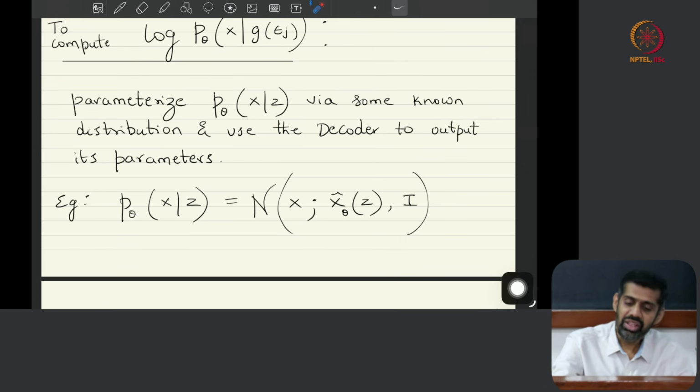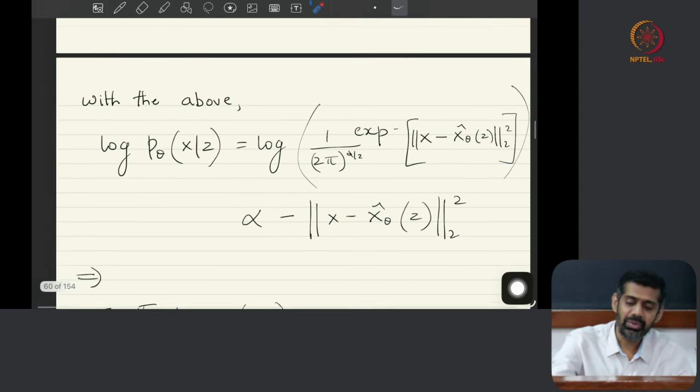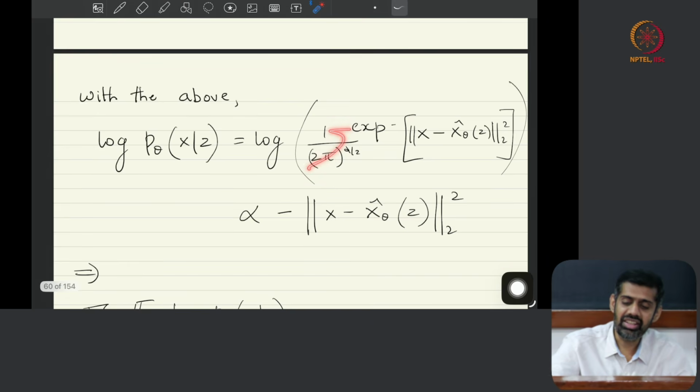Fine. If I make that assumption, then log of p theta of x given z looks like this. It is log of (1 by 2 pi)^(d/2) e power minus the quadratic form, x minus the mean whole squared. The sigma goes away here because I have assumed it to be an identity. Fine. Okay. Now let us leave all the constant terms out.